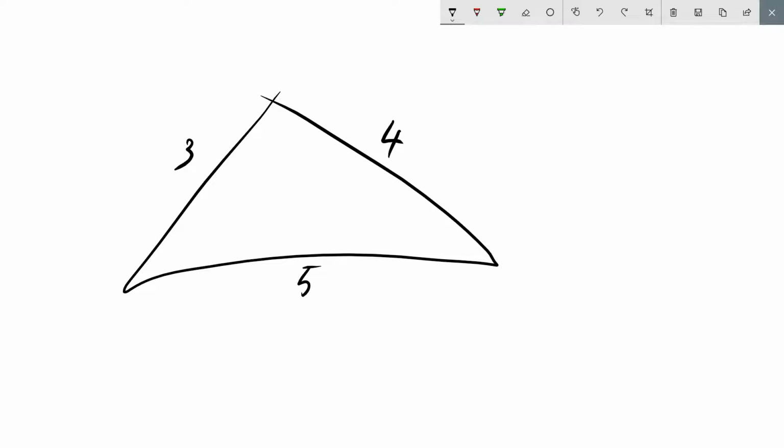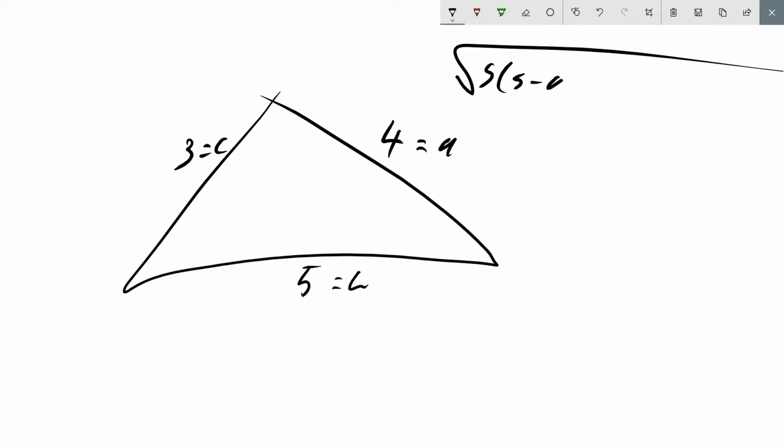So we can use this new equation. This is Heron's formula. So let's say this is A, this is B, and this is C. So all we have to do is plug it into this thing. The S here is the semi-perimeter.